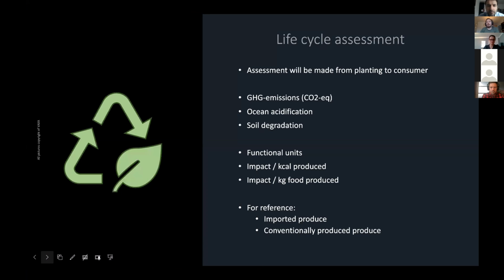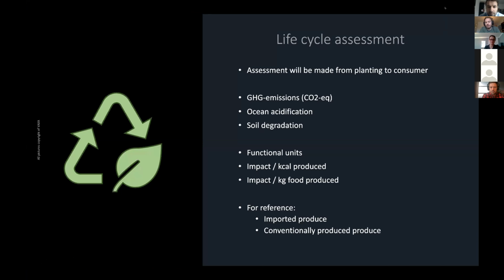So our main assessment tool is going to be the life cycle assessment, and our boundaries are going to be from planting to consumer. So starting off in their facilities, when they plant the seeds, grow them, pack them, and deliver them to the consumer.